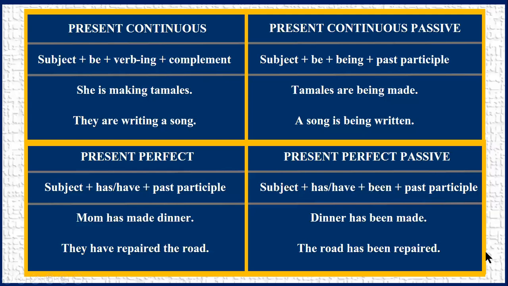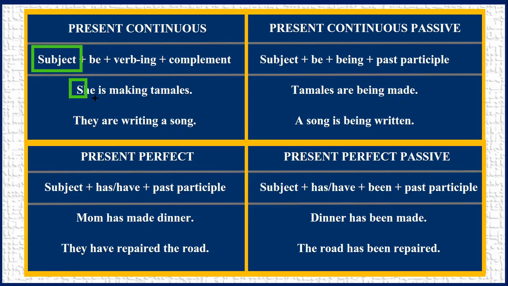Here I'm giving you a comparison for both: present continuous and present continuous passive, present perfect and present perfect passive. As you see, with the present continuous, we start with the subject, right? Right here, we have the subject.